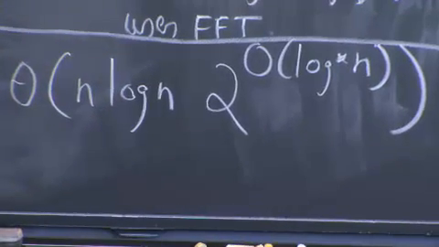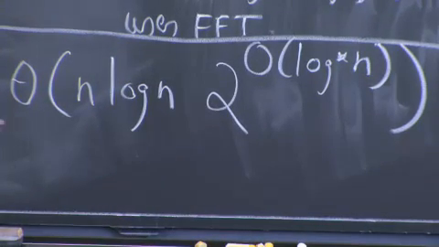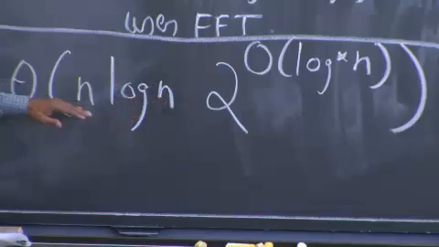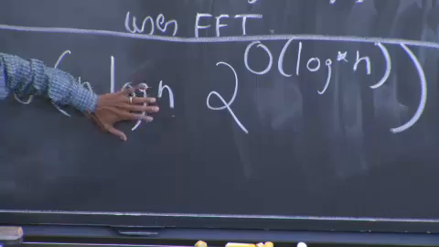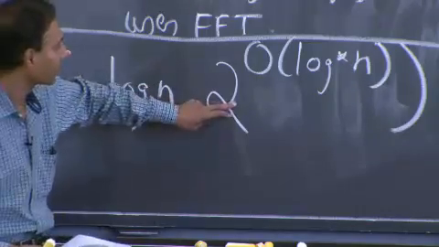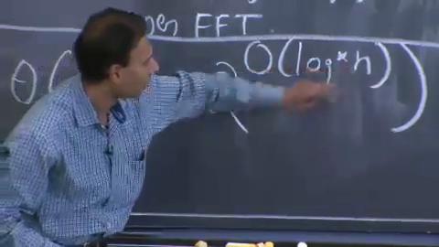Okay, that makes sense? No. I'll have to explain it. So what does this mean? This part is clear, right? This is like sorting. It doesn't really use sorting, but that's n log n. And then you have this 2 raised to big O log star n.